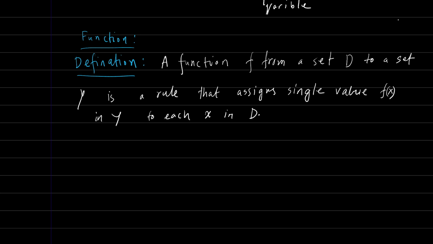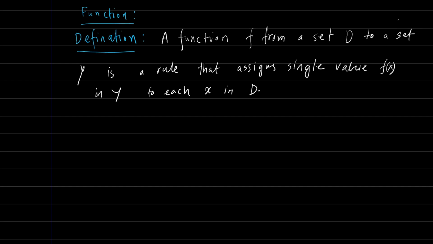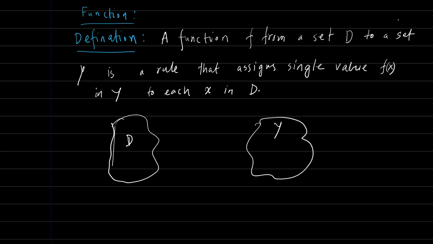So this seems a bit much to grasp. D is our input set and Y is our output set. D stands for domain. So D is all possible input values for x.